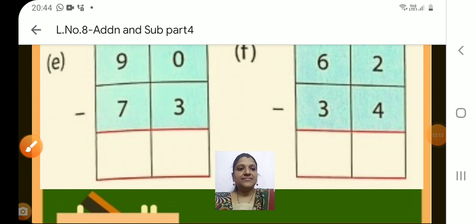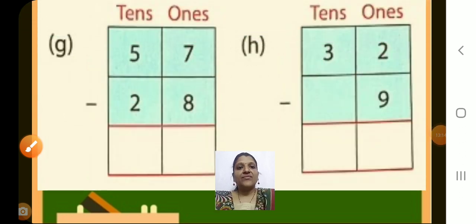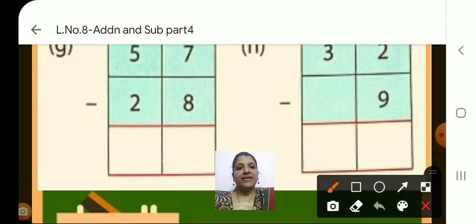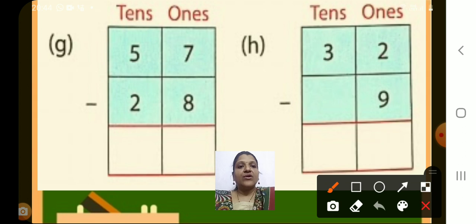Next, 57 minus 28. Here also 8 is bigger than 7. So, strike off 7, borrow 10 and write 17 above it. So, 17 minus 8 equals 9.